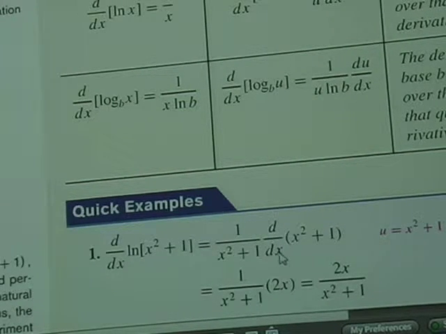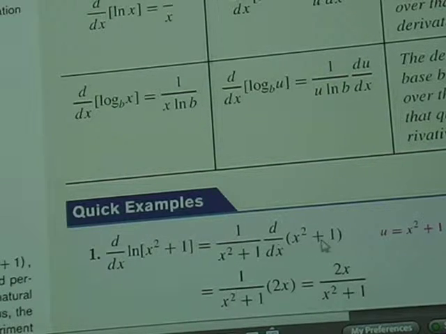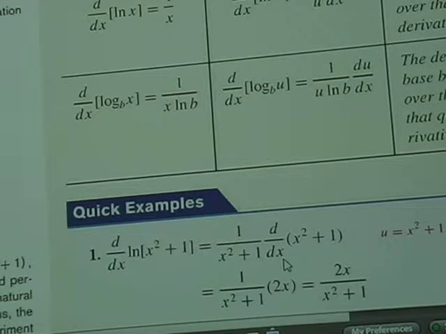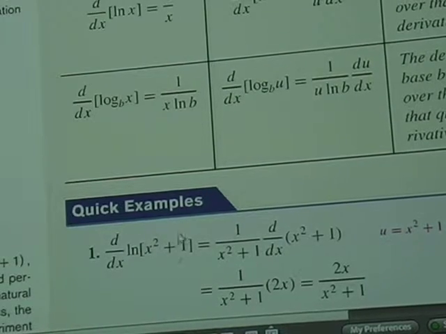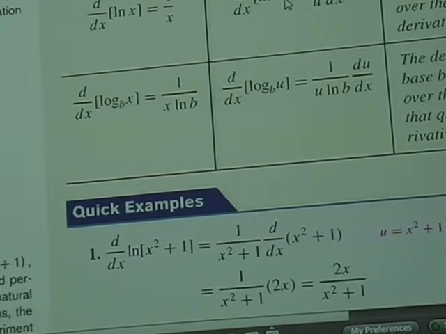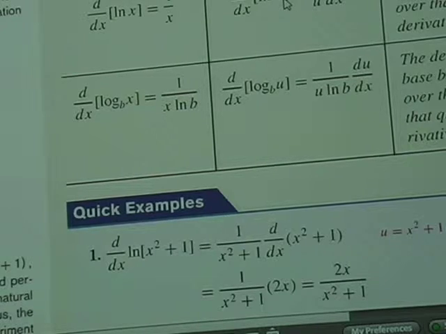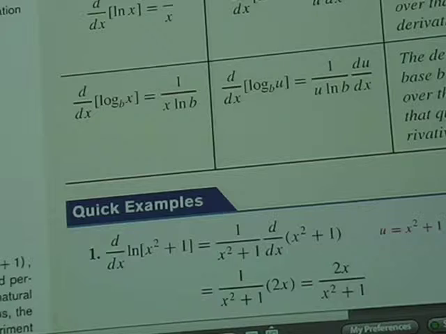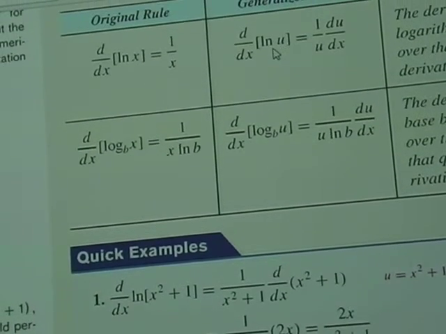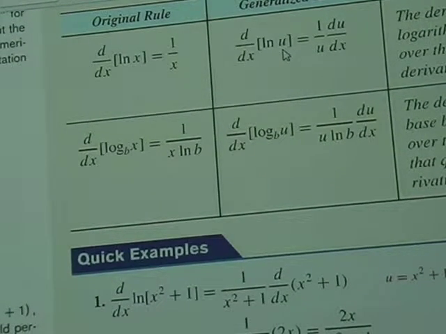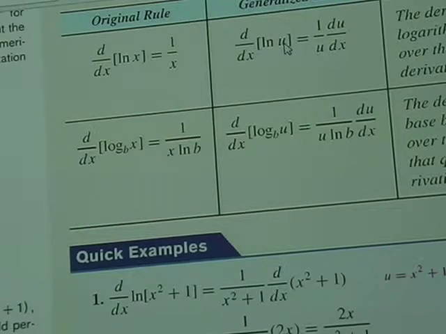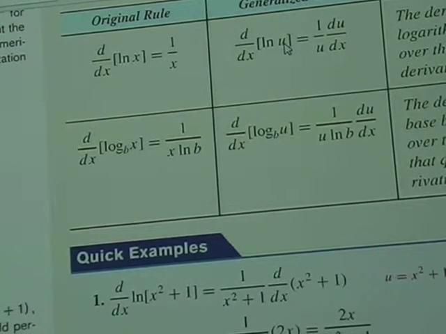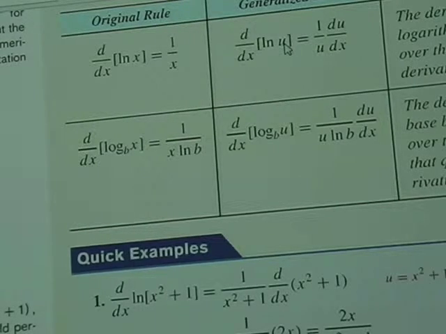So instead of writing d of this thing dx, if we're being general, instead of specifically x squared plus 1, we just want to talk about some function of x. We say not d of x squared plus 1, but d of u, where u is any function of x. Does that make sense? So this is an expression of the chain rule specifically for ln of some function of x. So u is some function of x. Okay? Does that make sense?